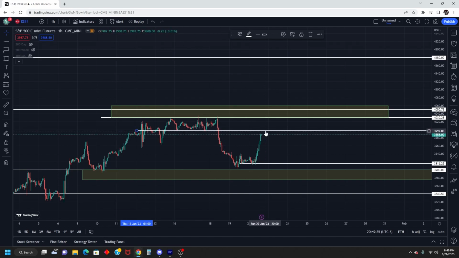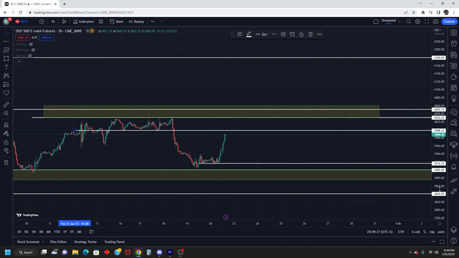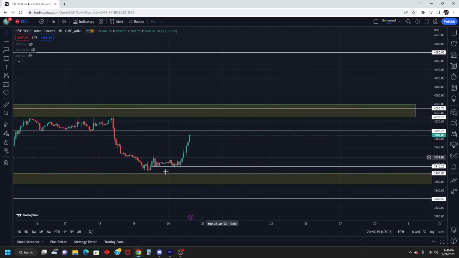What I'm looking for is the exact opposite of this. A shoot up, a rejection, a shoot through that liquidity of rejection, another rejection, wait for price to try to get back to that, more distribution, and then continued sell off.